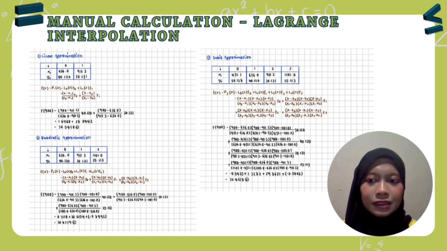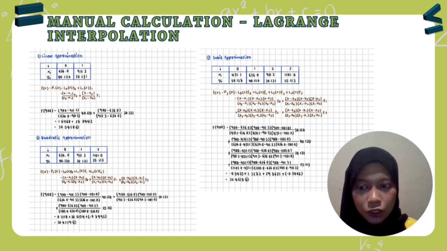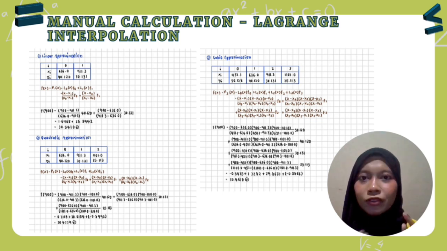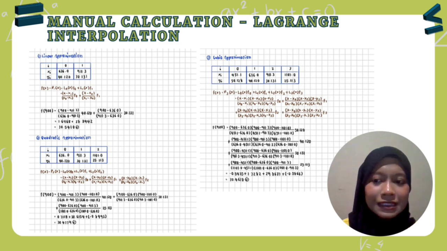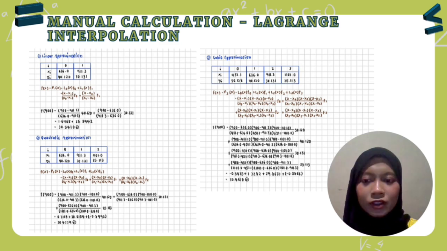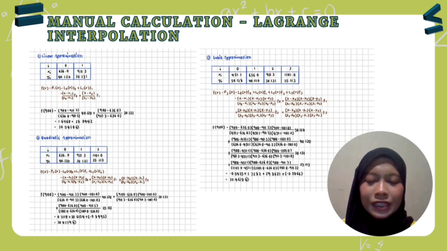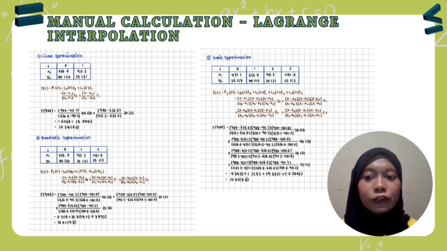After applying the quadratic Lagrange formula and calculating the 3 basis polynomials, we get a combined value of 30.4779 degrees Celsius. Okay, so you will notice this is slightly lower than our linear estimate. By including more data points, we are starting to see a more refined curve fit for the resistance temperature relationship.